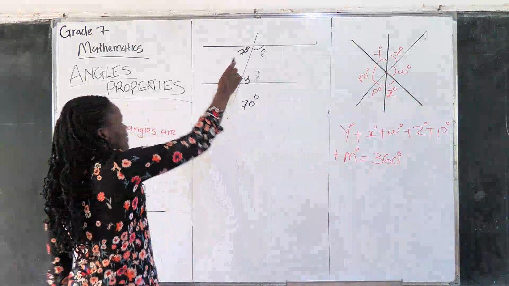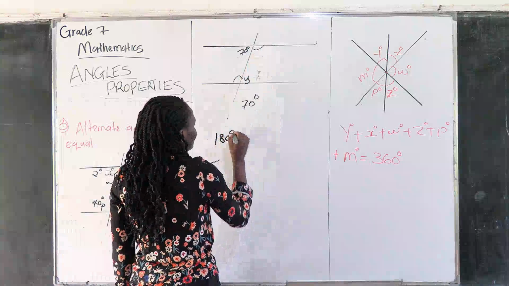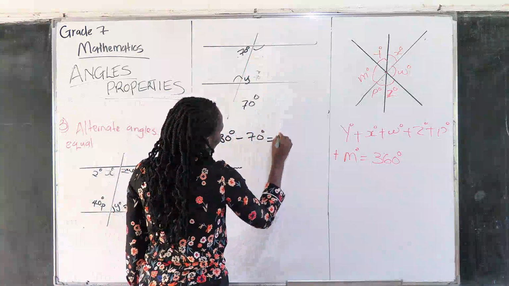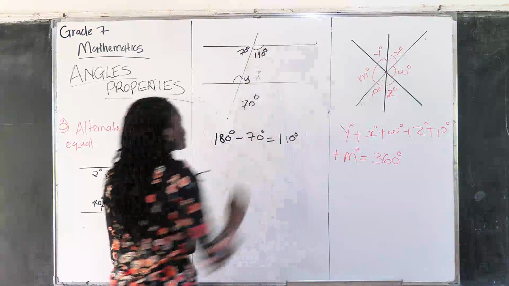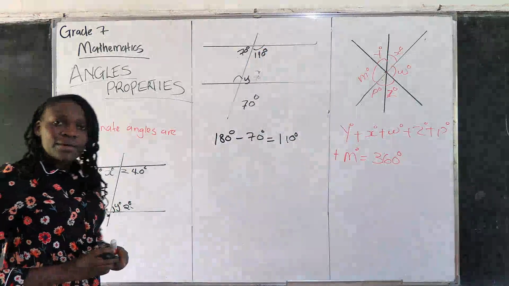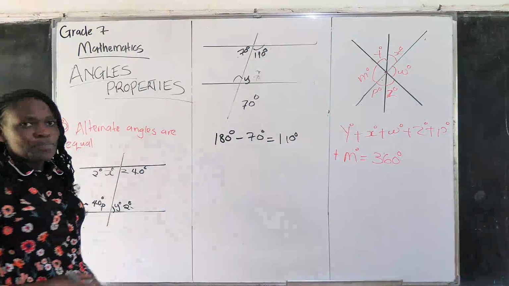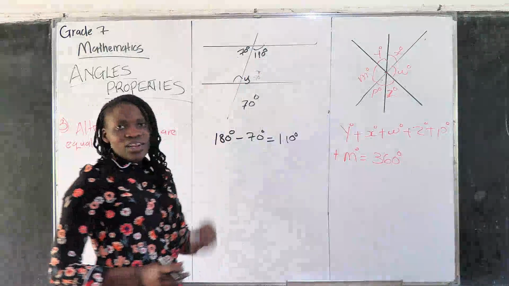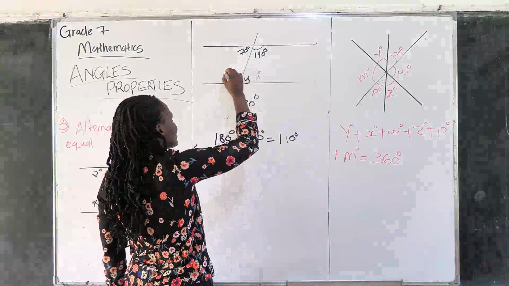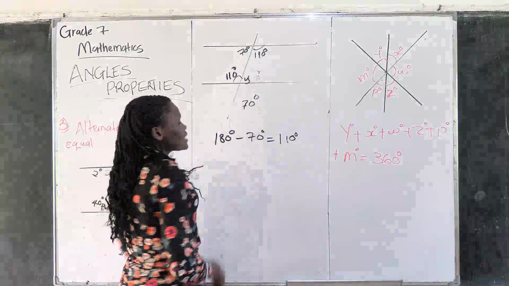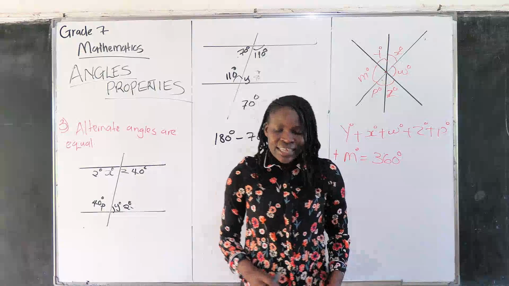So if this side is 70 degrees, this one will be 180 degrees minus 70 degrees, which gives me 110 degrees. And we know that the property we are learning now is alternate angles are equal. This angle and this angle are alternating, so they are equal. So if this one is 110, this one is also 110 degrees.